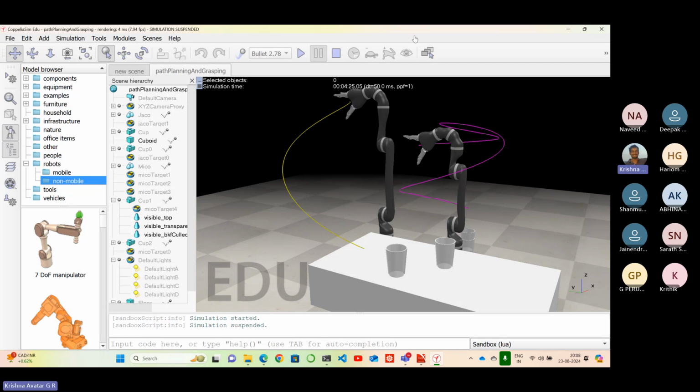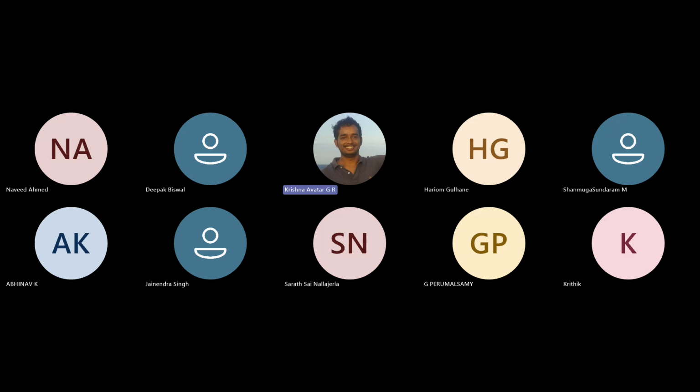I'll share the links to this software. It's called Coppelia Simulator, and then we'll try to figure things out if possible. I also share one book that I had mentioned at the very beginning called Modern Robotics. We'll also do that book as a side reading, because the professor has not clearly mentioned which book we are going to follow.